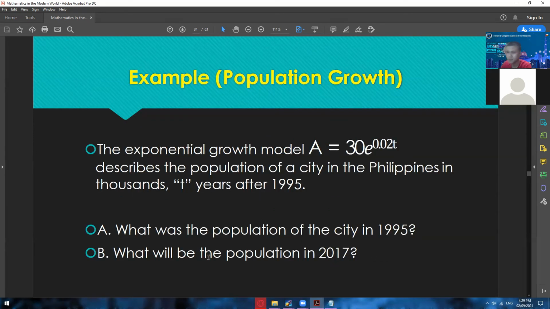But how about letter B? What will be the population in 2017?